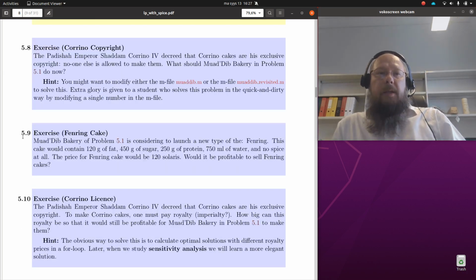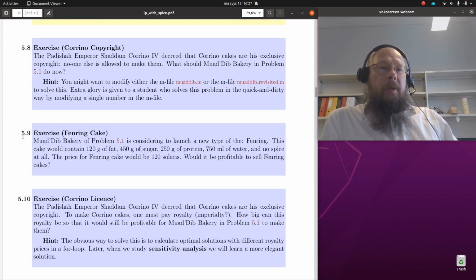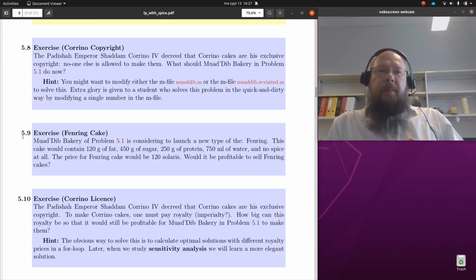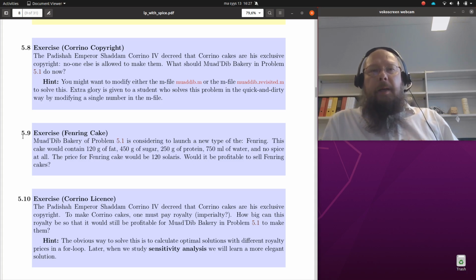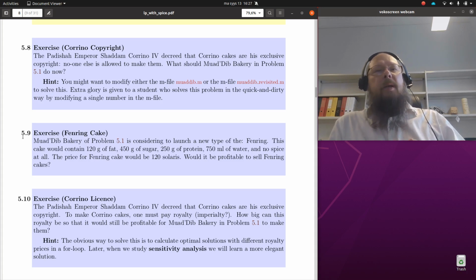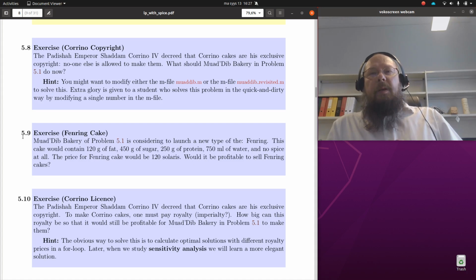So in this exercise, what is the case? We have the Padishah Emperor Shaddam Corino IV, and he decreed that these Corino cakes are his exclusive copyright. No one else is allowed to make them. And what happened is that in this more deep bakery problem, in the optimal solution, they actually baked them, but now it's illegal.